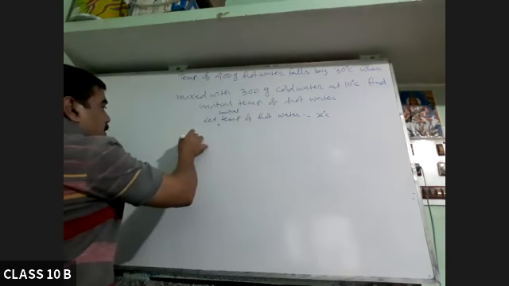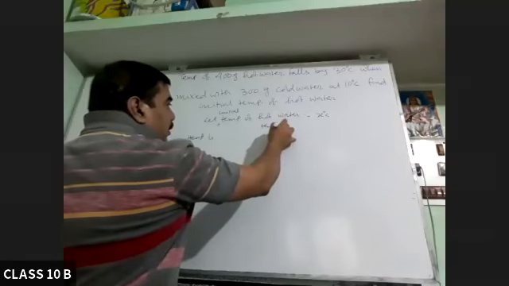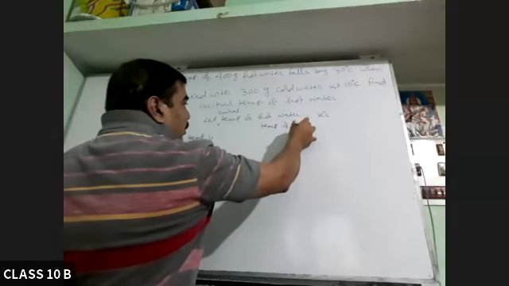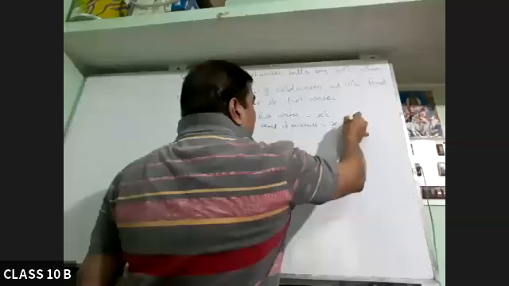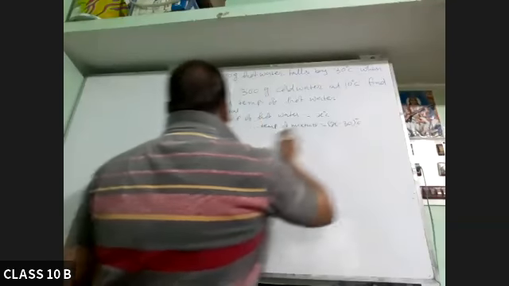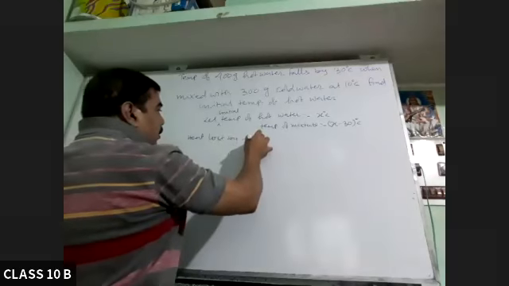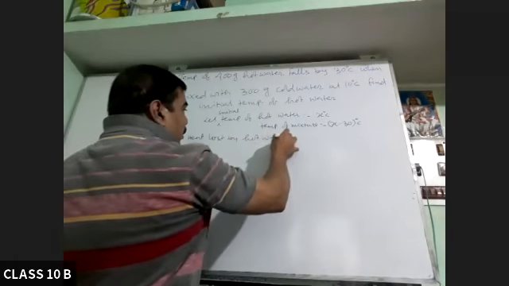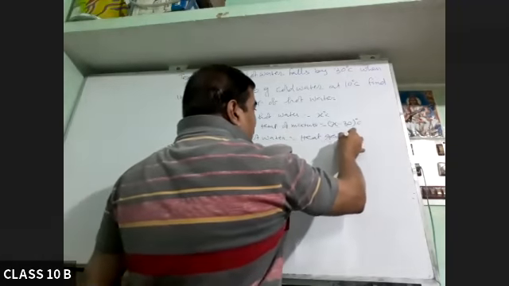So heat lost by hot water: what is the temperature of the mixture? x minus 30 degrees Celsius. So heat lost by hot water is equal to heat gained by cold water.